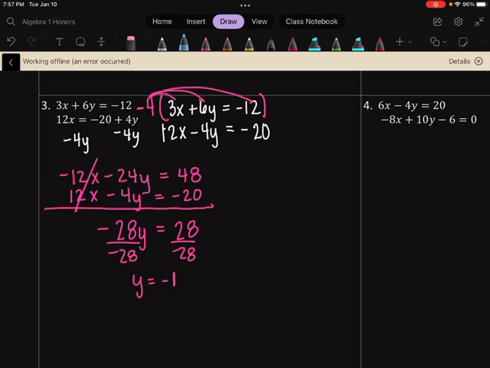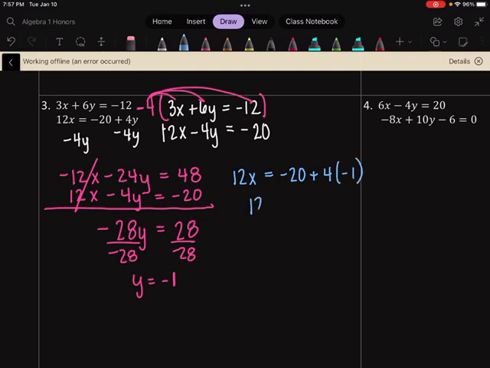I'm plugging it in for y. The bottom one might be easier because x is already by itself in the bottom one. So let's do the bottom one. 12x is equal to negative 20 plus 4 times negative 1.